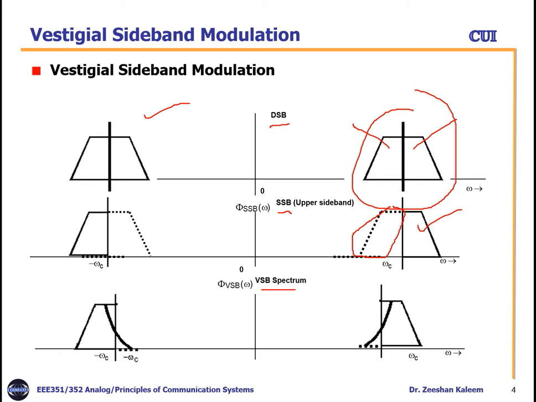Whereas you can see that in the VSB spectrum, you have an upper sideband and a vestige, a portion of the lower sideband as well. But we need a filter which can accurately plot this shape, or which allows the accurate frequencies within this range. So this was a brief comparison between these three modulations.